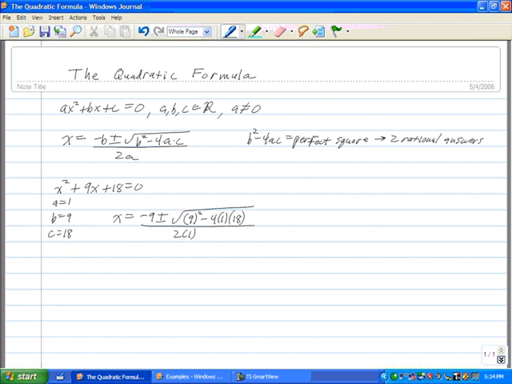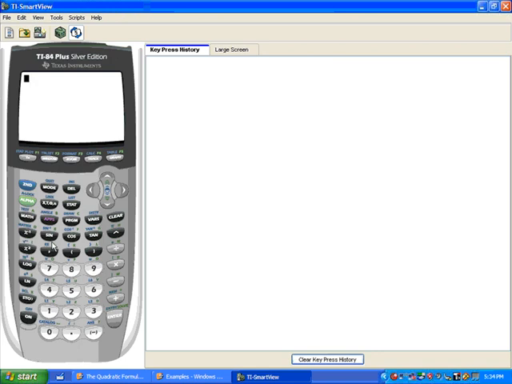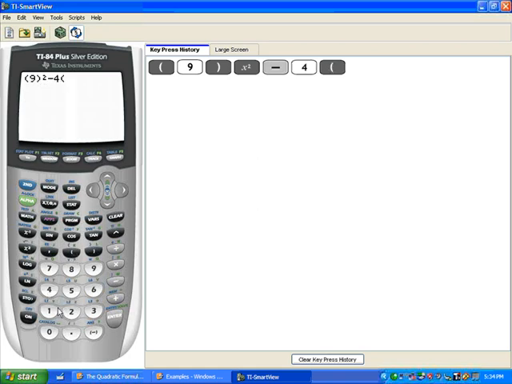Again, let's evaluate just the discriminant. It's going to be a 9 squared minus 4 times 1 times the 18. This discriminant is a 9. What does this tell us?